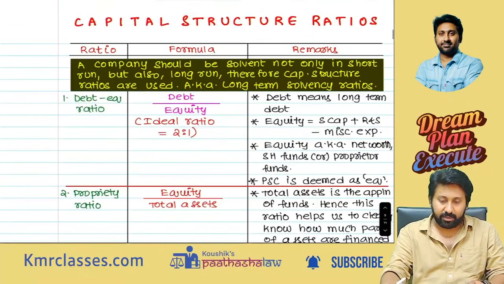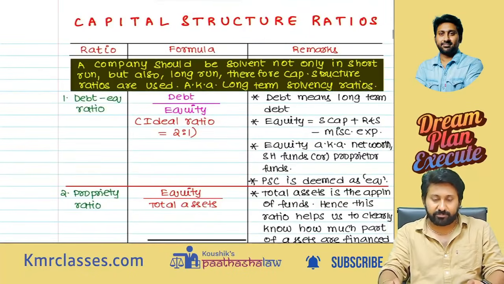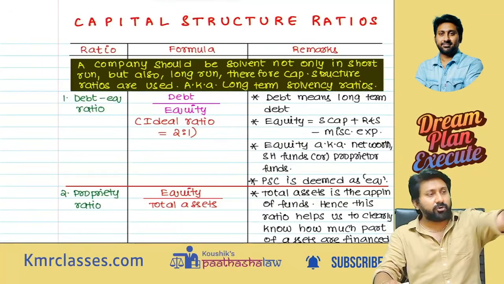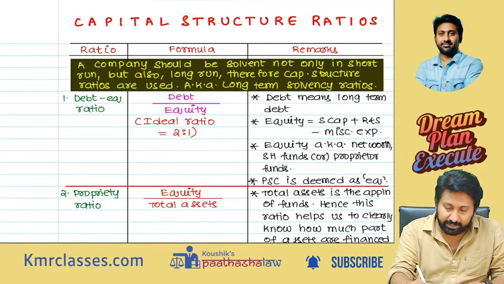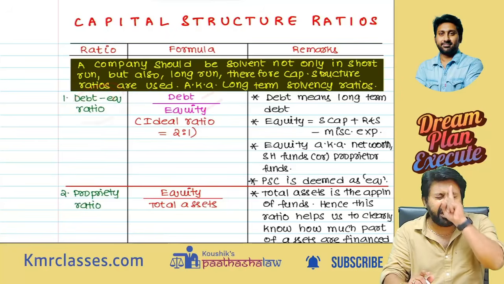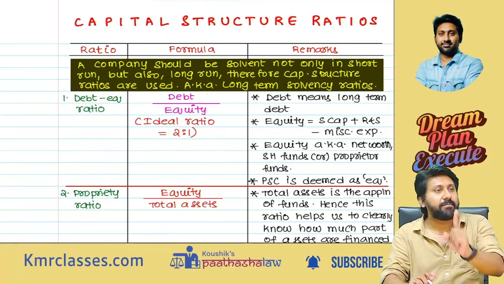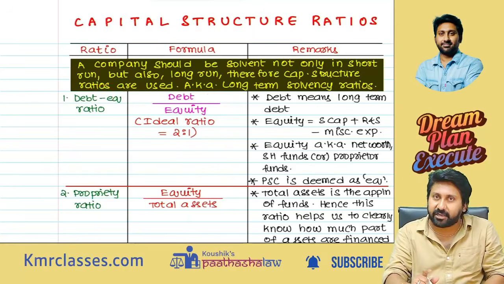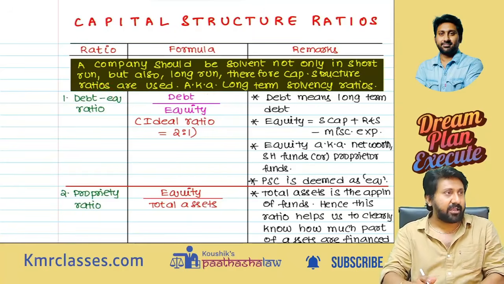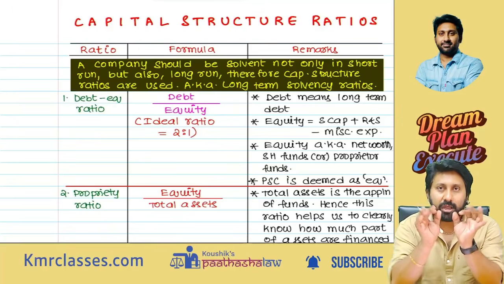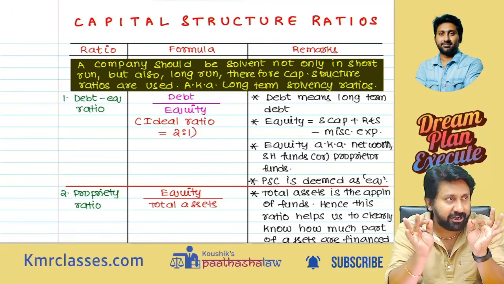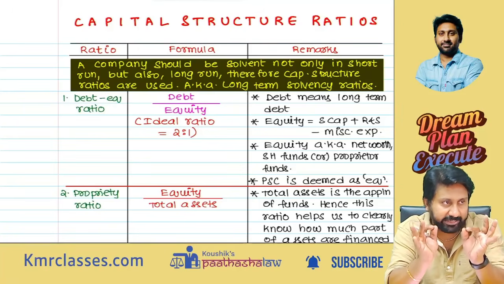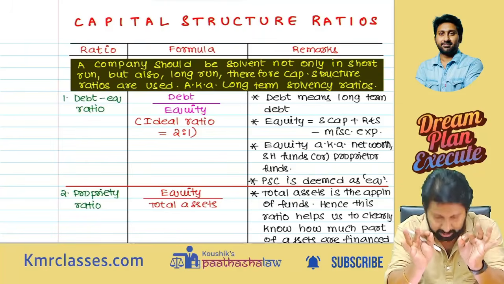Next, capital structure ratios. Go to the liability side first. Debt by equity, the debt equity ratio. Very important, and students make mistakes in this area. Normally in debt equity ratio calculation, debt represents only debt.